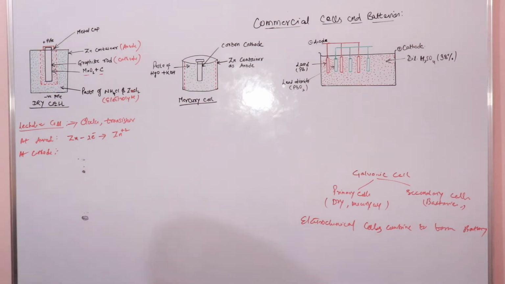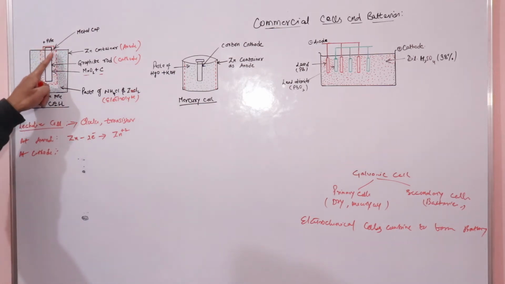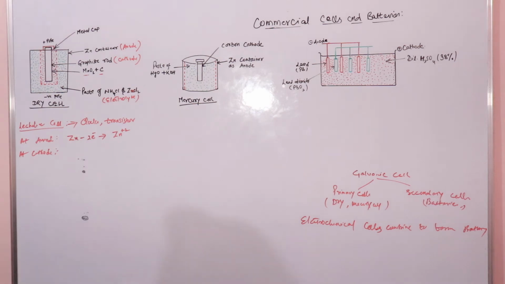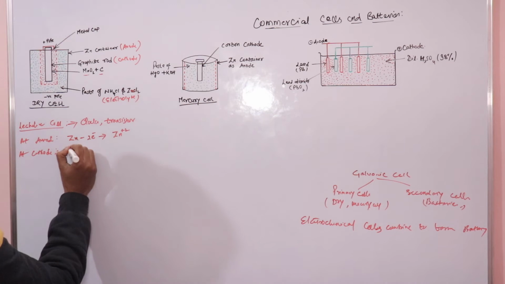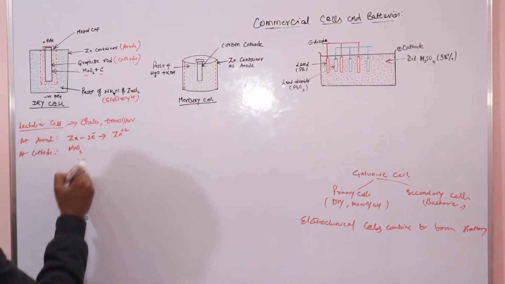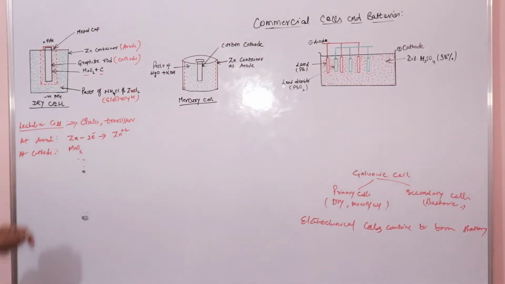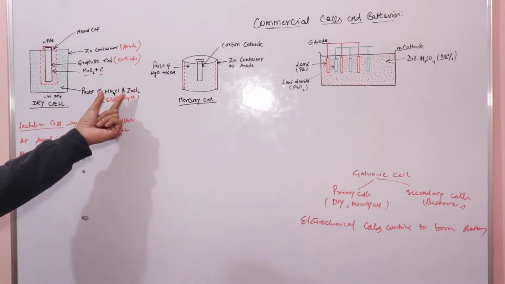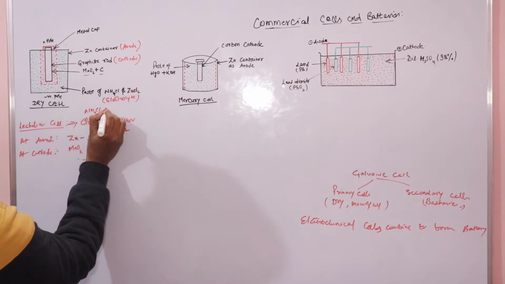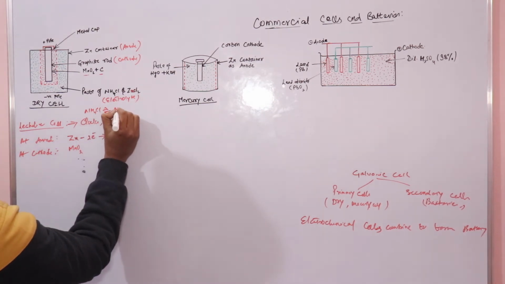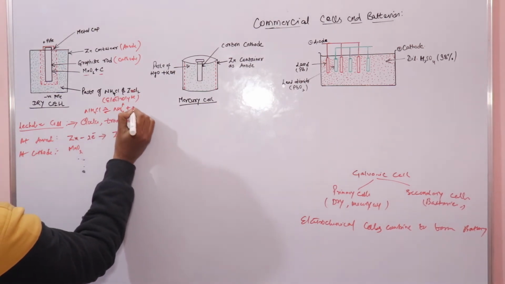reduction reaction takes place, and at cathode we have manganese dioxide. This cathode is surrounded by manganese dioxide, right? And this cathode is of graphite rod. So at cathode we have manganese dioxide, and we have ammonium from this ammonium chloride, because we know that ammonium chloride will form ammonium ions plus chloride ions.